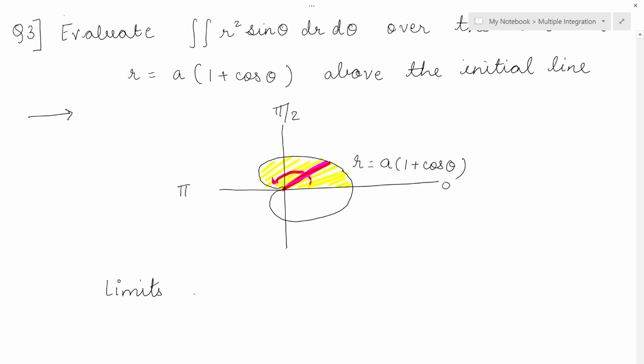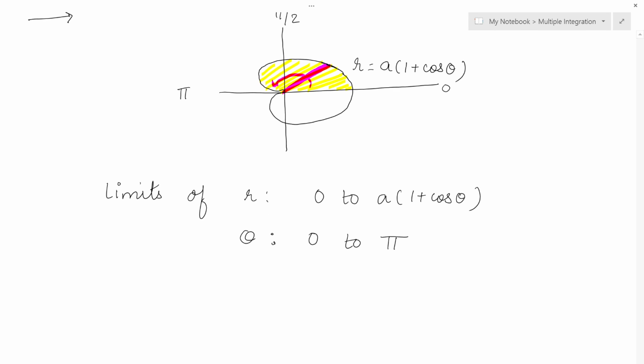So the limits of r will be 0 and it touches this cardioid. The cardioid equation is a into 1 plus cos theta. And the limits of theta, it travels in anti-clockwise direction. So that will be 0 to pi, which is 180 degrees.